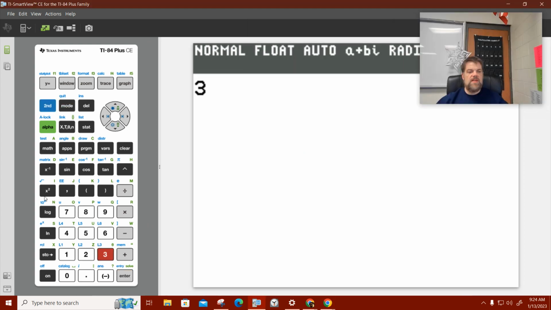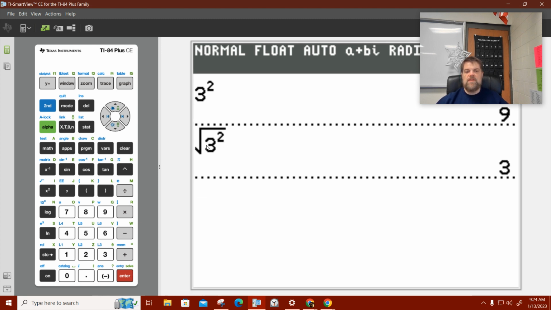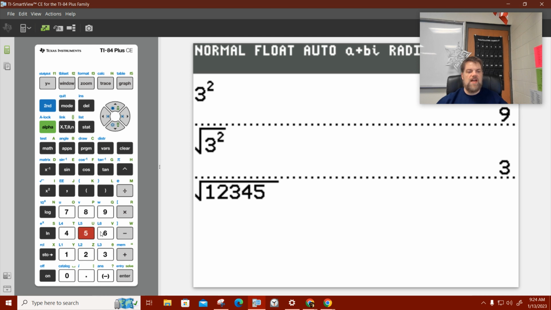What is 3 squared? 9. So when I say we're going to take the square root of 3 squared, whenever I take the square root of something squared, I'm left with whatever's being squared. In other words, this little symbol undoes this. You could put a really big number in there, like the square root of 123456789 squared.